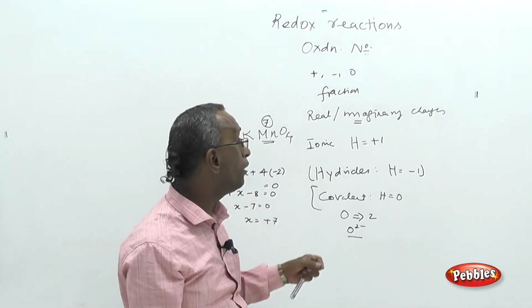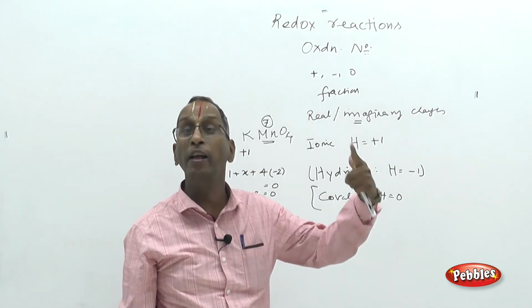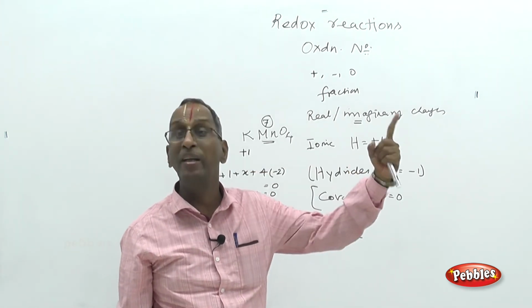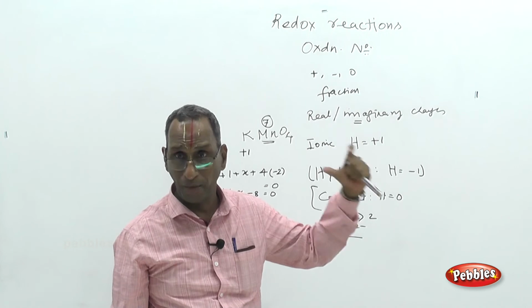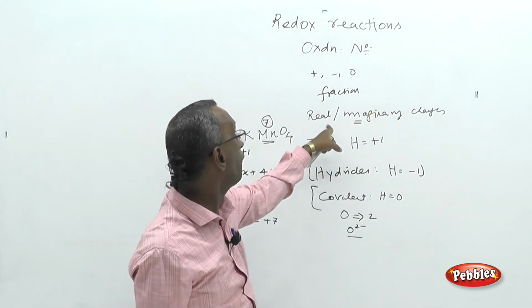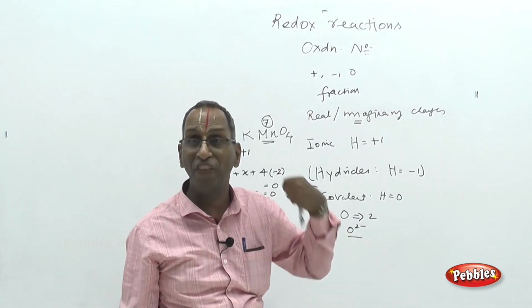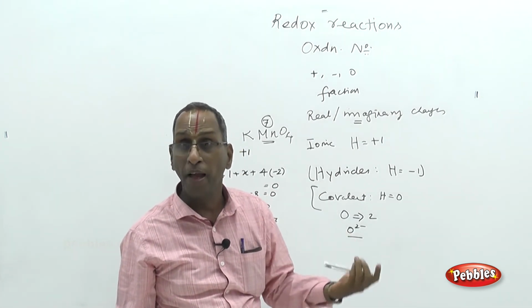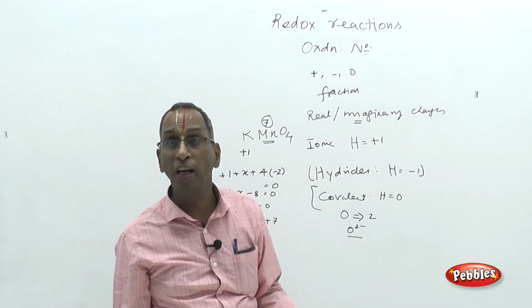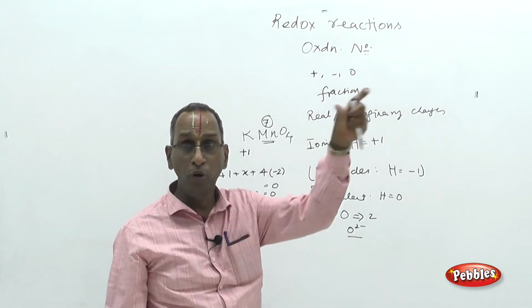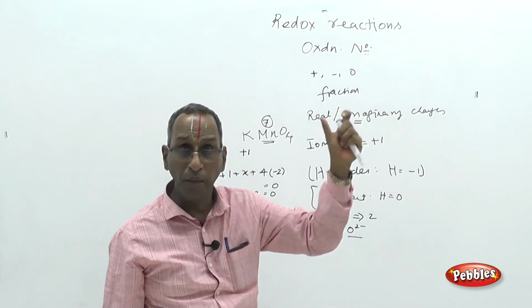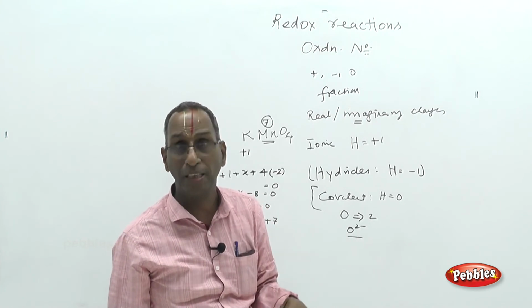What does +7 mean? It has lost 7 electrons to form Mn7+. Oxidation state we have defined as charge, the number of electrons lost. Manganese would have to lose 7 electrons to acquire this charge, which is not practically possible.